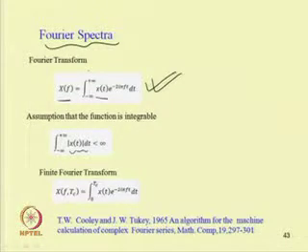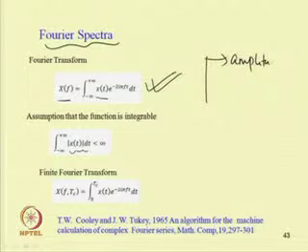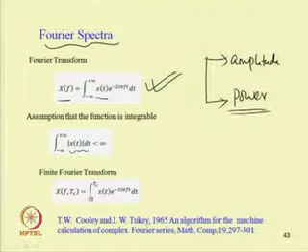In case of the Fourier spectra, one can use either the amplitude spectra or the power spectra to represent the motion of the system in the frequency domain.